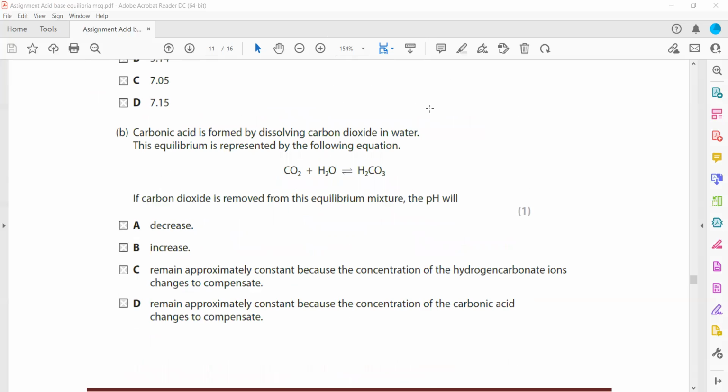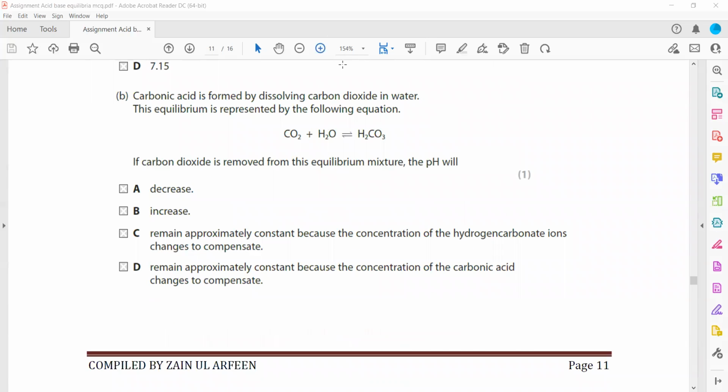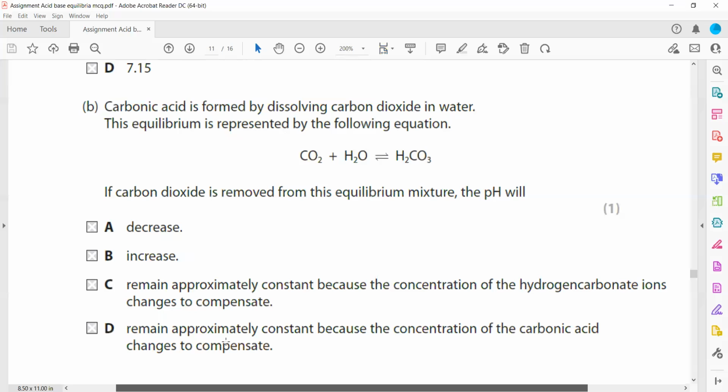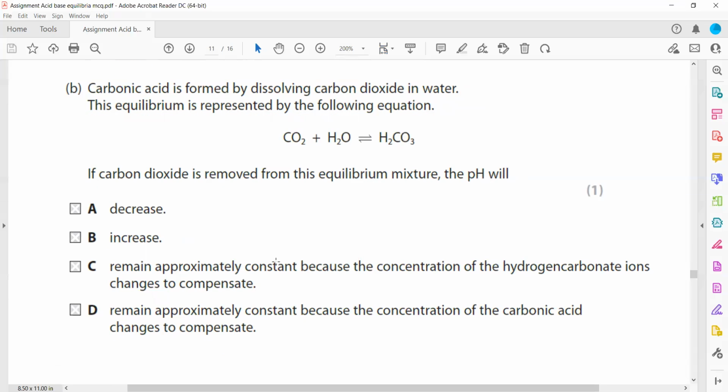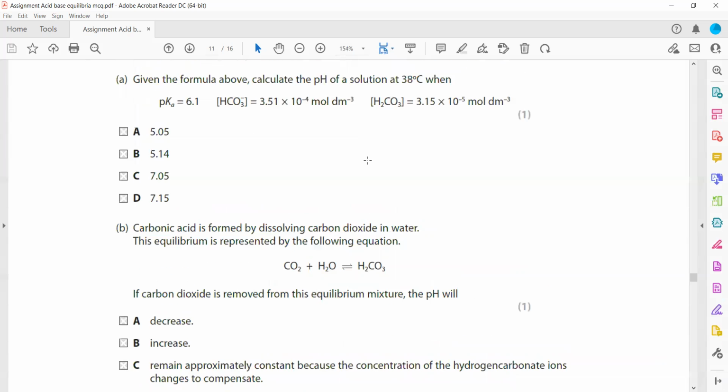Then the carbonic acid is formed by dissolving carbon dioxide in water. If this equilibrium is present and the carbon dioxide is removed from the equilibrium mixture, the pH will... So what will happen to this pH? If we remove carbon dioxide, the equilibrium will shift toward the left hand side.